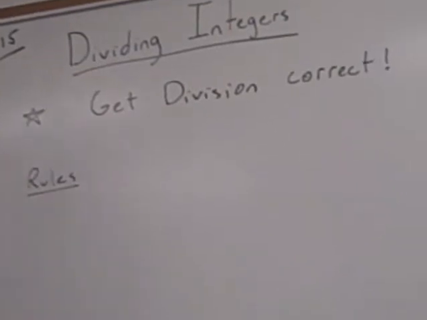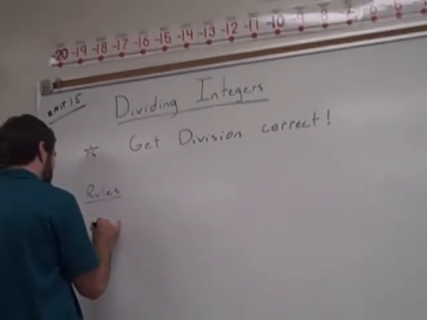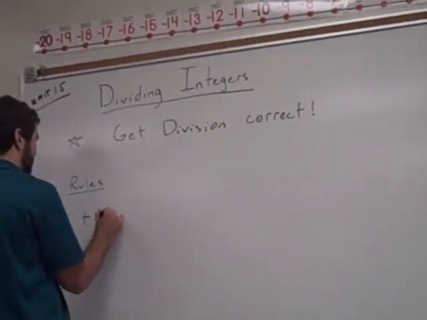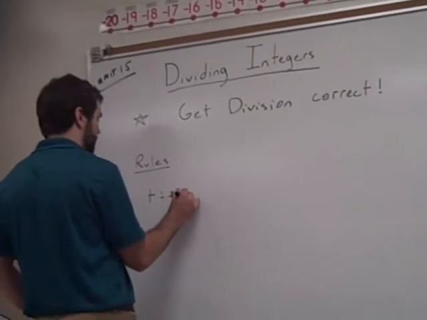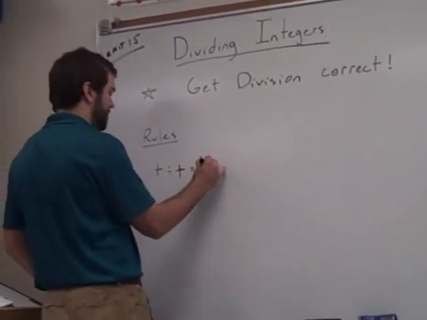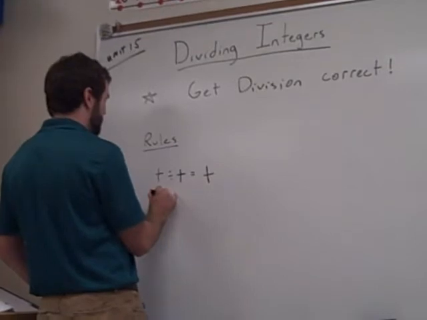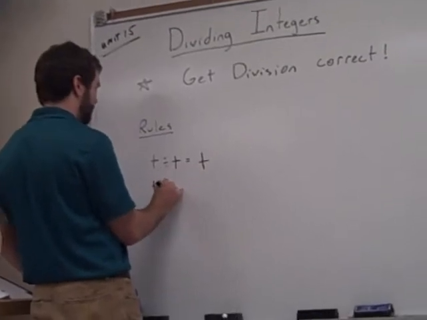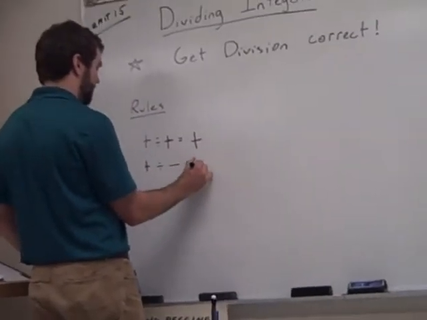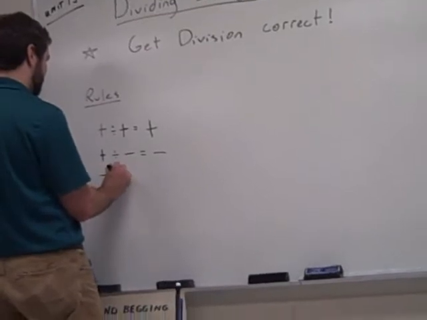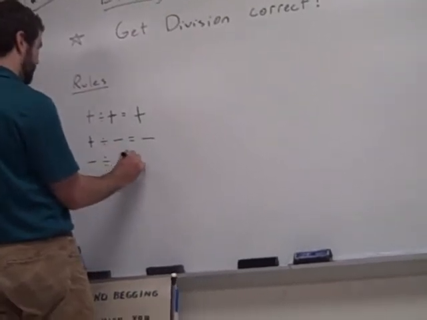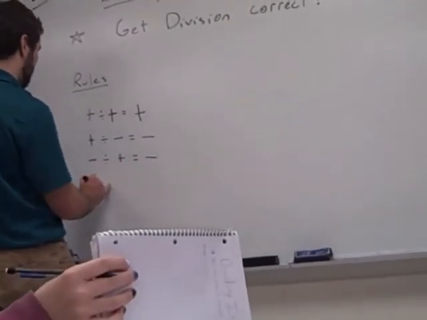Now, what were our rules? Positive divided by positive is positive. Positive divided by a negative is a negative. What about a negative divided by a positive? Negative. And negative by negative?